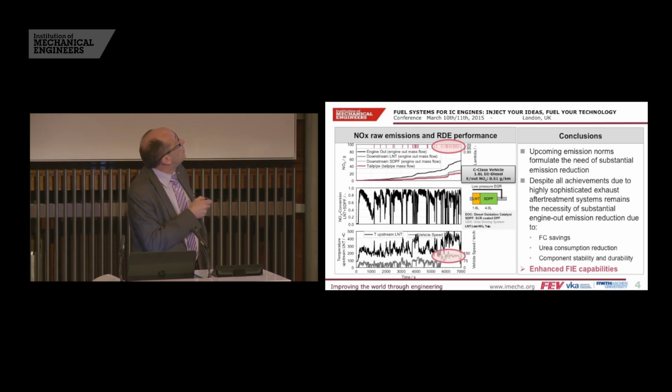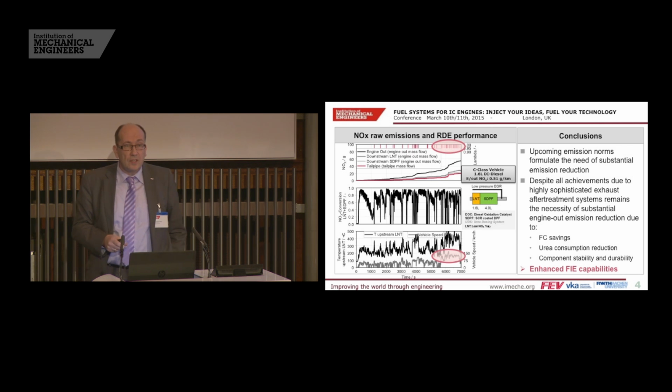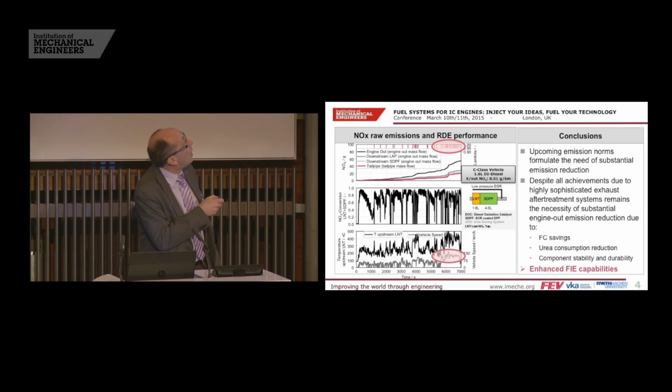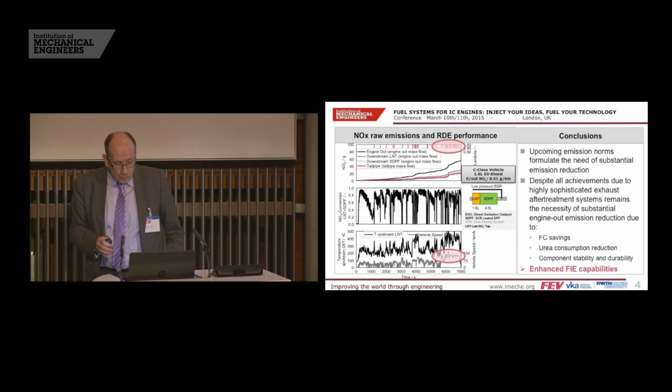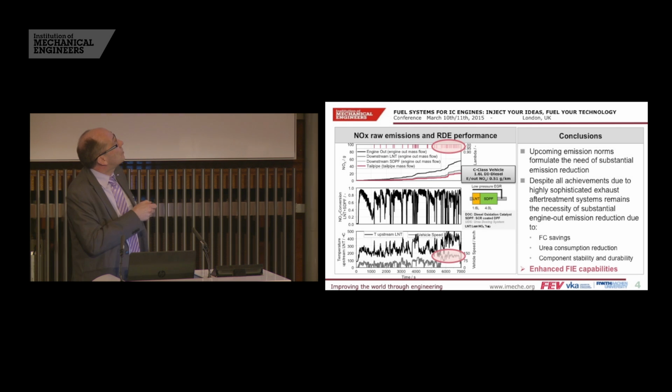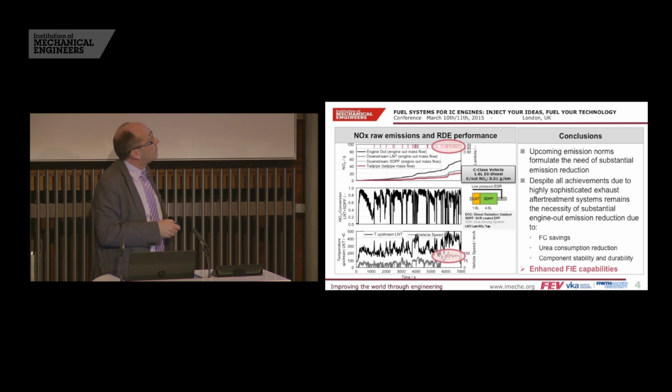As you can see in the upper part of the chart, you see the spike events when the LNT is regenerated, and how this is intensified once we reach the high-speed conditions on the motorway.